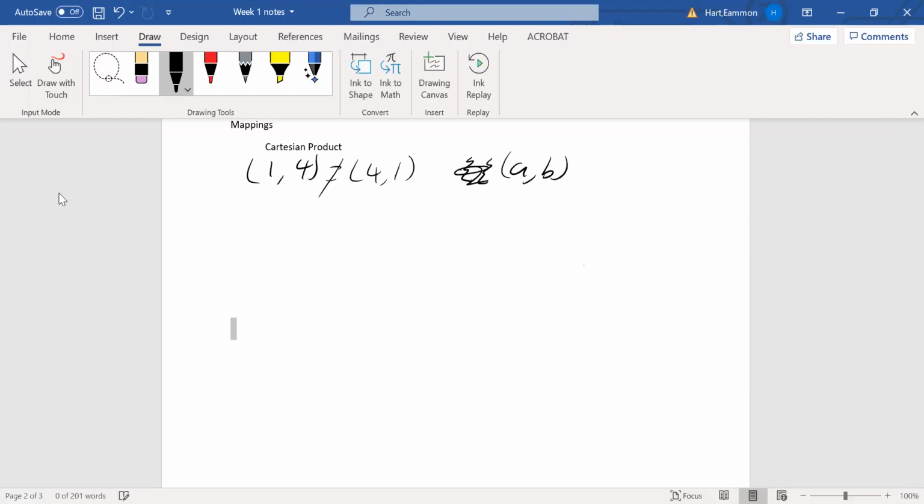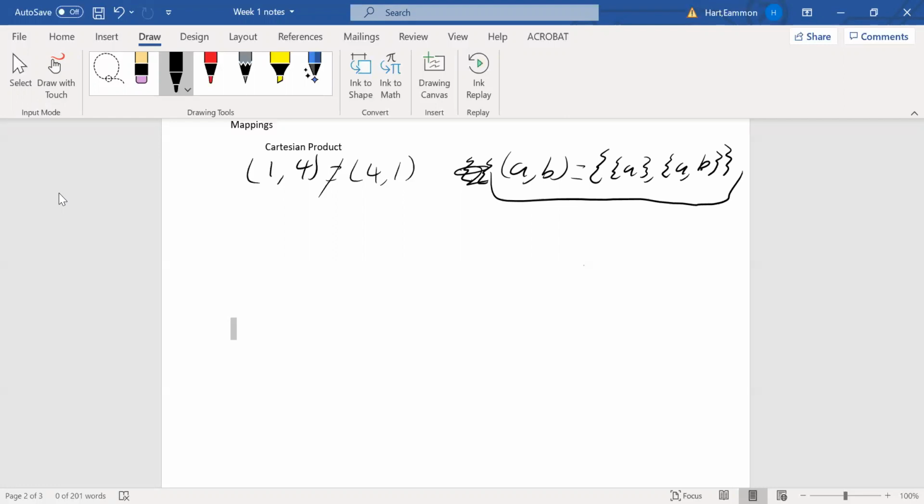So this right here, you don't really need to know this, but it's good for you guys to know that there is a rigorous underpinning for this, and that's how we define an ordered pair generally.